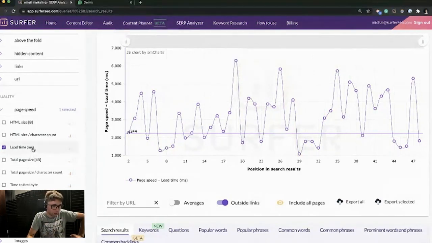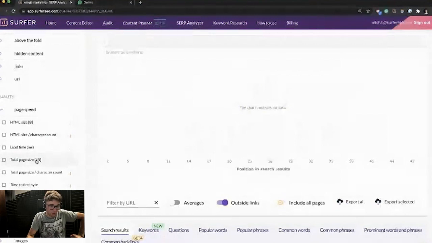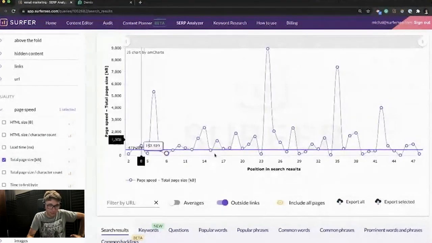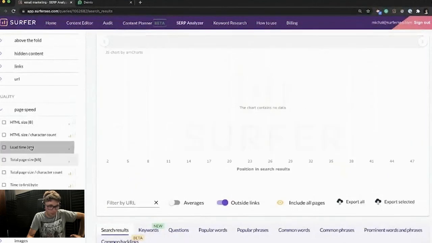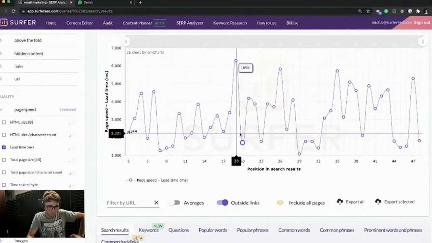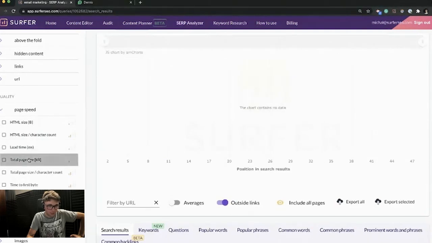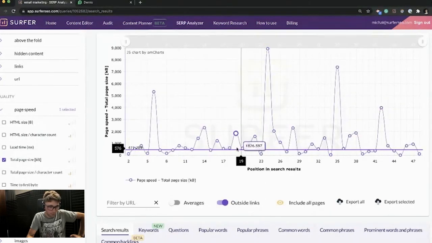We can take a look at the total page size. For this one the total page size is okay. For this guy, it's definitely not. But in this case, the page at position 19, load time is high, yet page size is relatively okay.